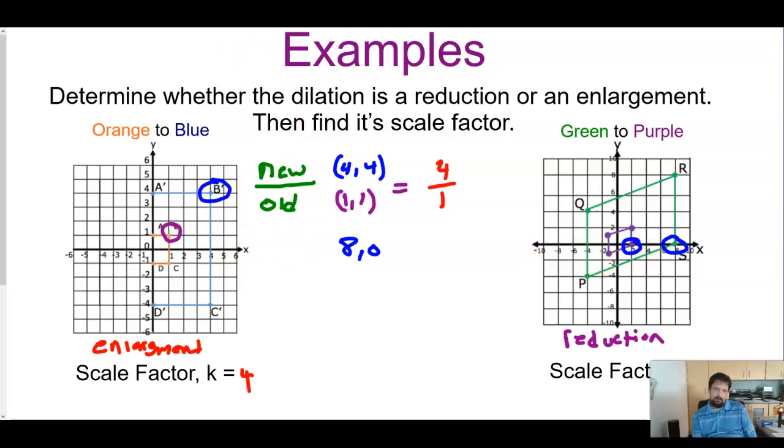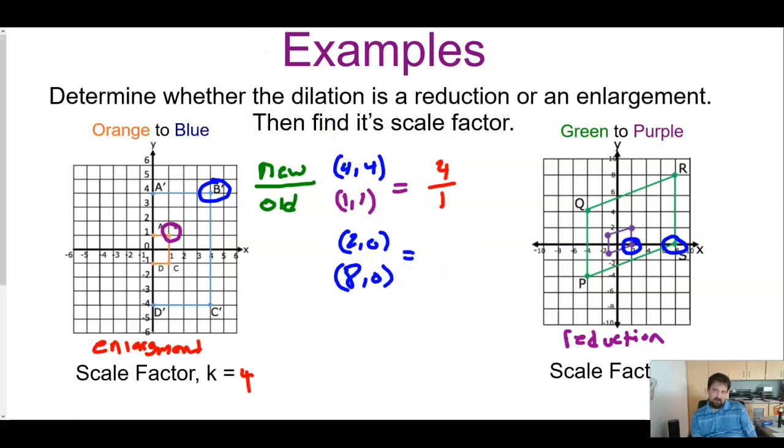The 8, 0 is on the green, which was my original image, so that's going to be on the bottom. And then the new image, which was the purple, the bottom right corner is 2, 0.